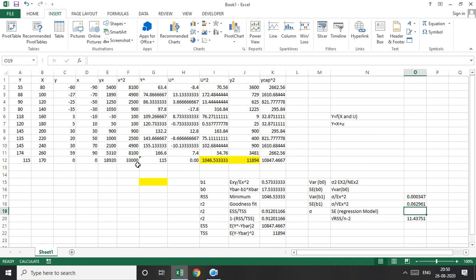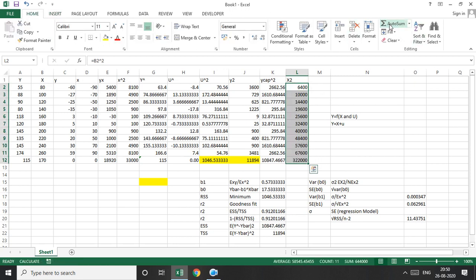So this is the way we can find out the variance of beta 1 and the standard error of beta 1. Then for finding the variance of beta 0, we have to find capital X squared, which we have not found so far. This is the capital X, you square it, 6400, then you do it for all and sum it. Now we have got it.